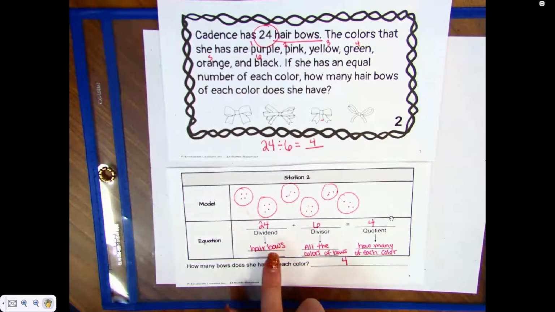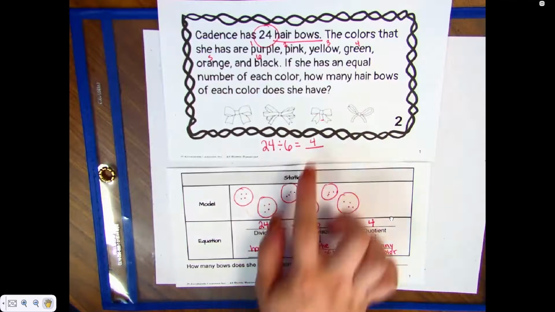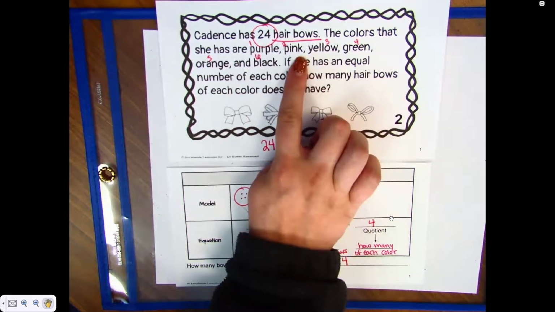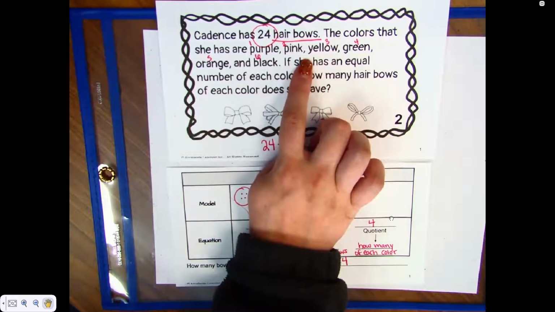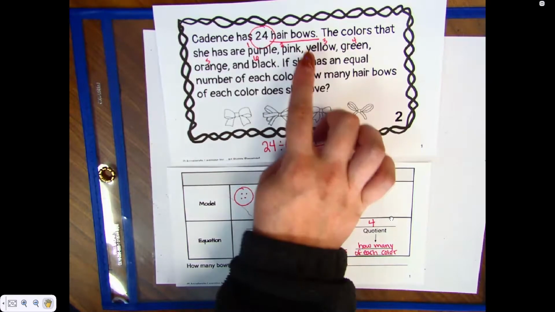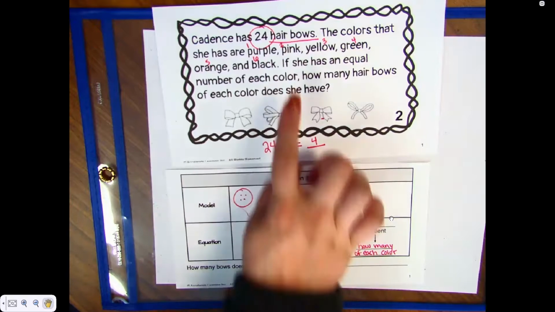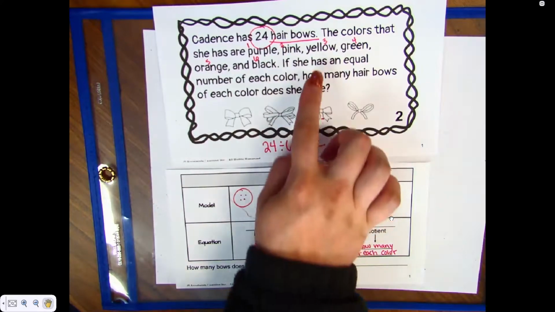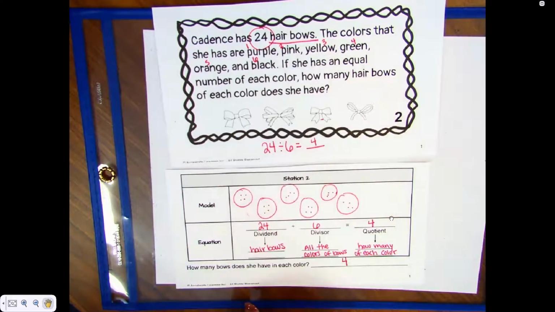With the words, you need to make sure you're looking at the word problem and picking out what exactly it is asking. What am I looking for? Well, I'm looking for hair bows. I'm looking at the color. I'm looking at how many she has of each.